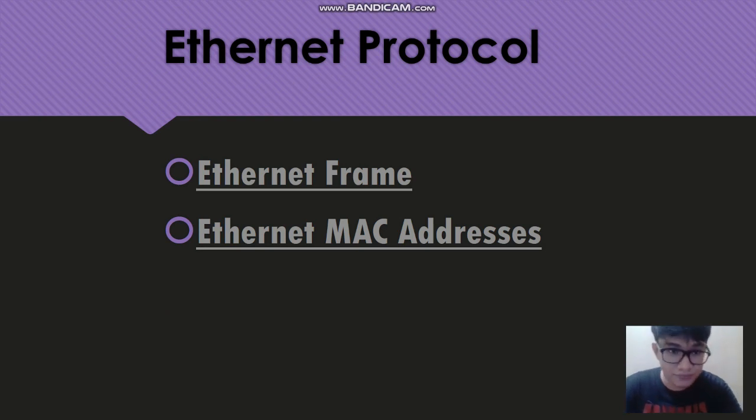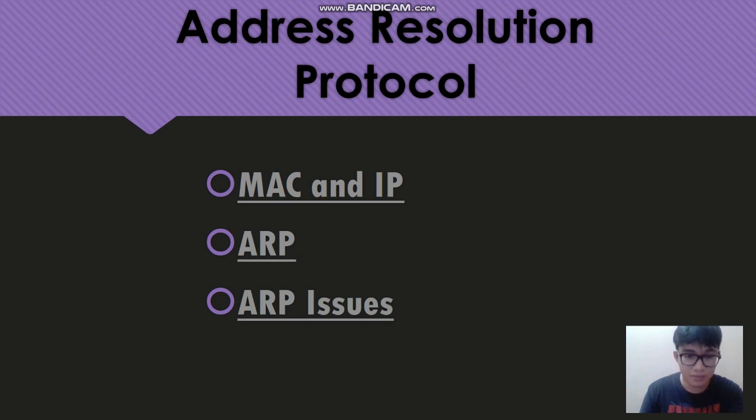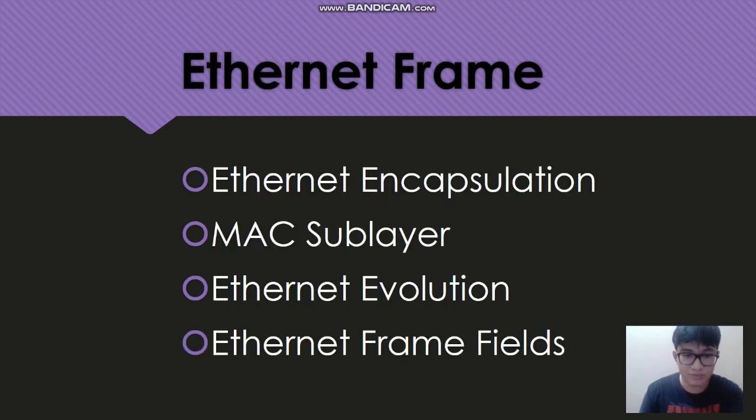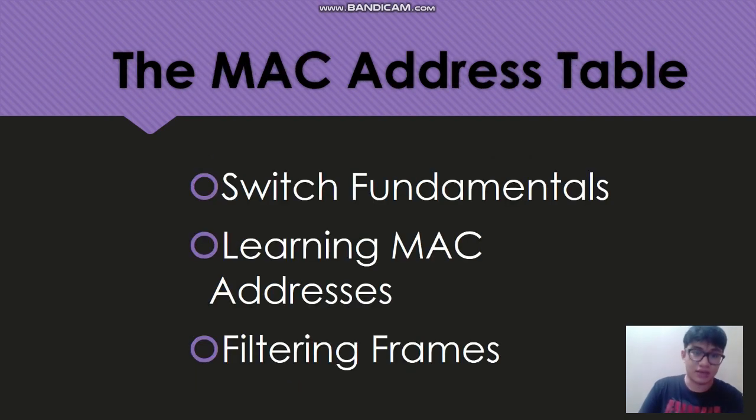It is composed of the Ethernet protocol, which covers the Ethernet frame, Ethernet MAC addresses, the MAC address table, switch forwarding method, switch port settings, MAC and IP, ARP issues, Ethernet encapsulation, MAC sublayer, Ethernet evolution, Ethernet frame fields, MAC address and hexadecimal, Ethernet identity, frame processing, MAC address representation, unicast MAC addresses, and multicast MAC addresses.